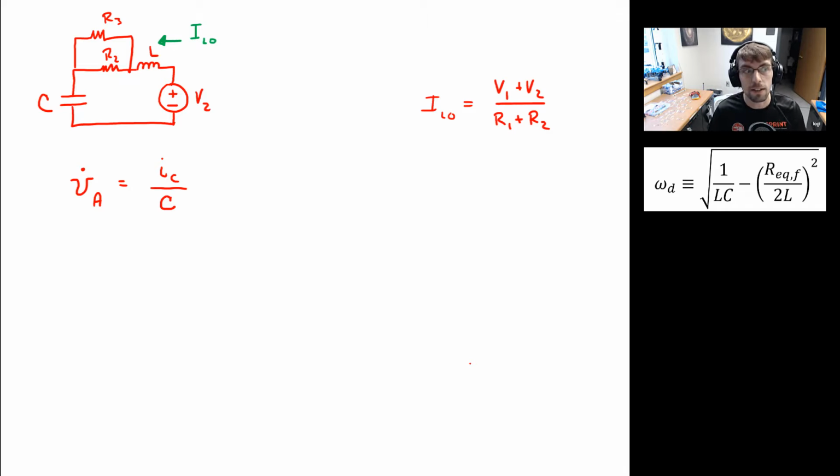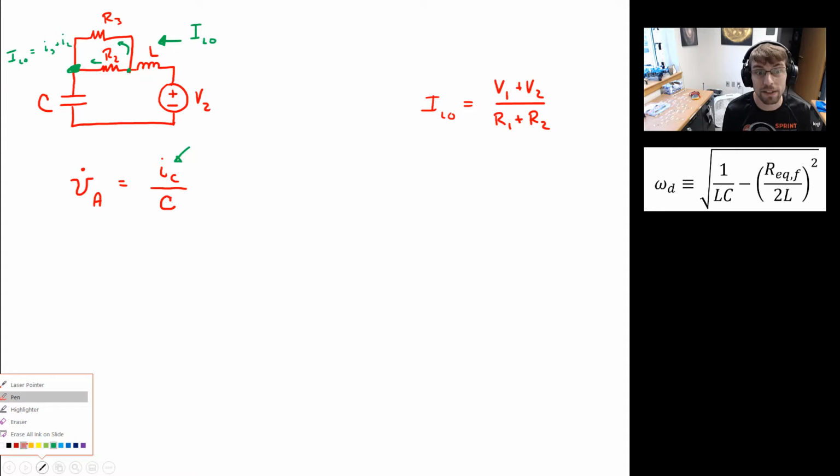For this case, what does that mean about the current flowing through the capacitor for a brief instant after the switch is closed? The current flowing through the capacitor right at that brief moment in time, we could set it equal to this.